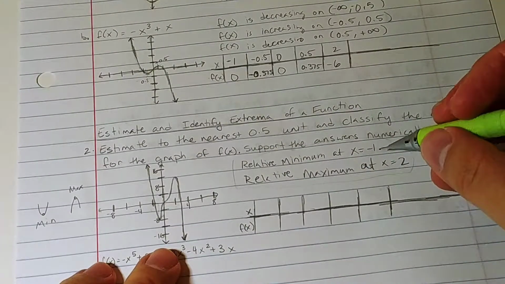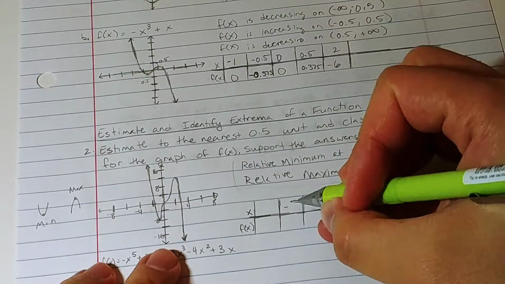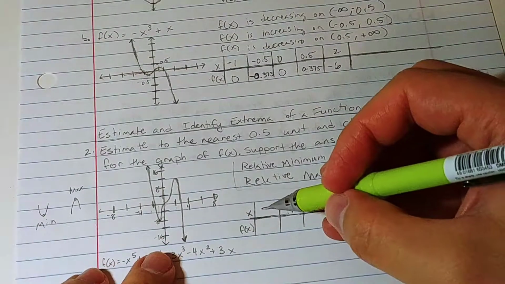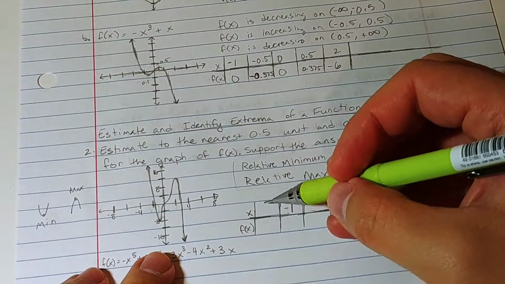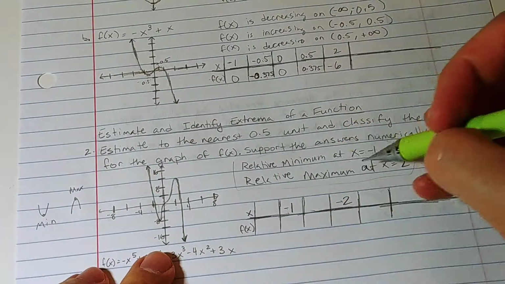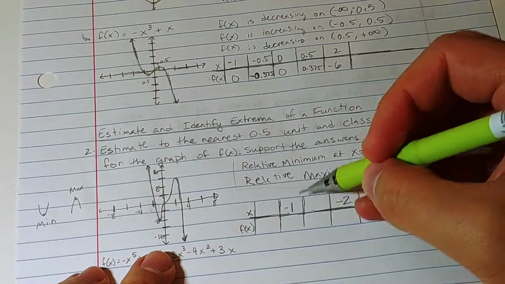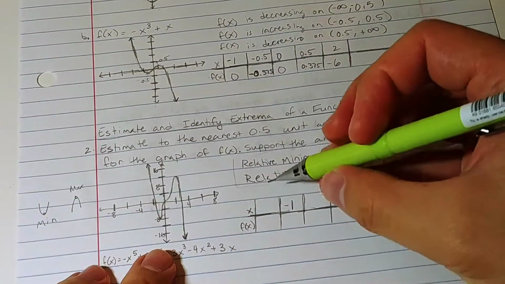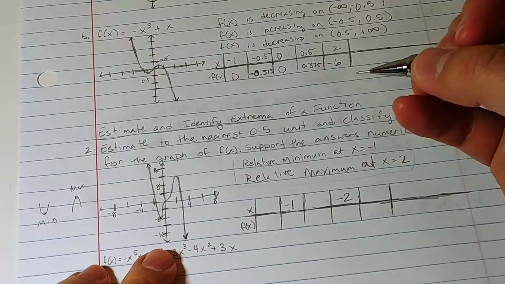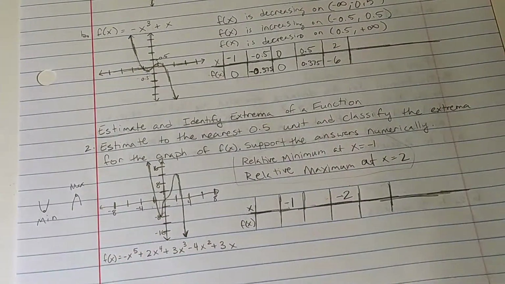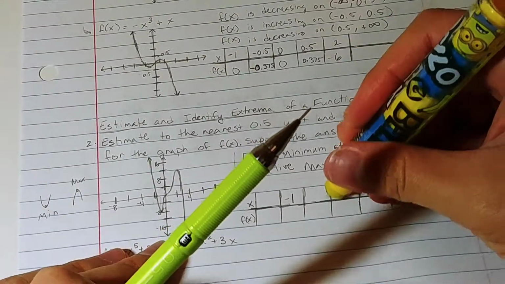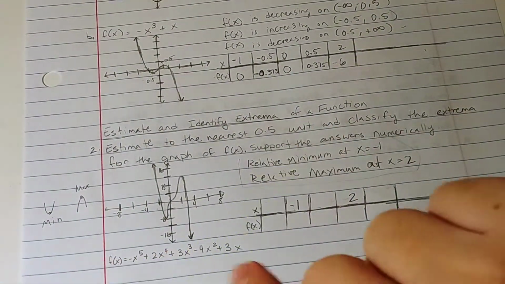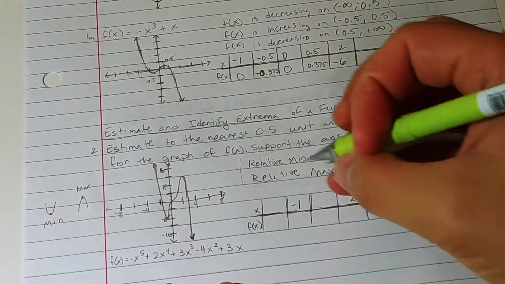Again, we're just going to make a table. So we want to put negative 1 here. We're going to put 2 here, because we need at least 1 point. It's better to do more, but we're just going to do 1. Okay, so 1 point less, and then 1 point in between, and then 1 point greater. So a point smaller than negative 1.